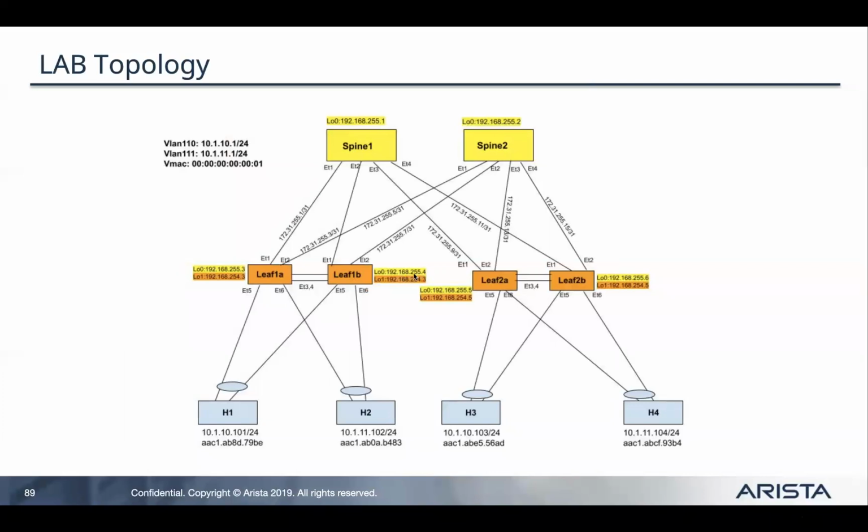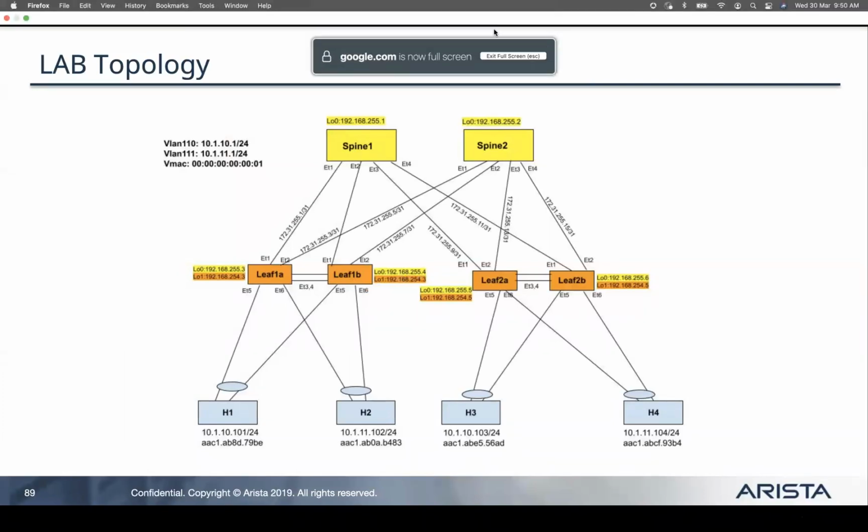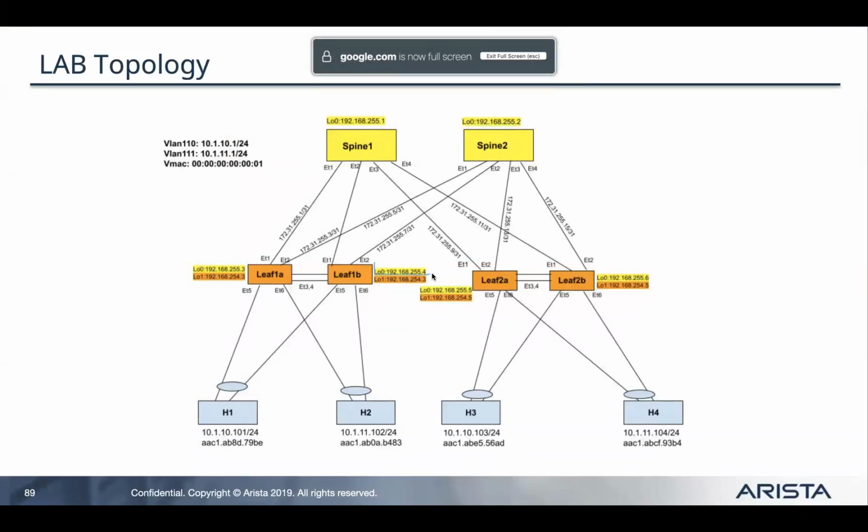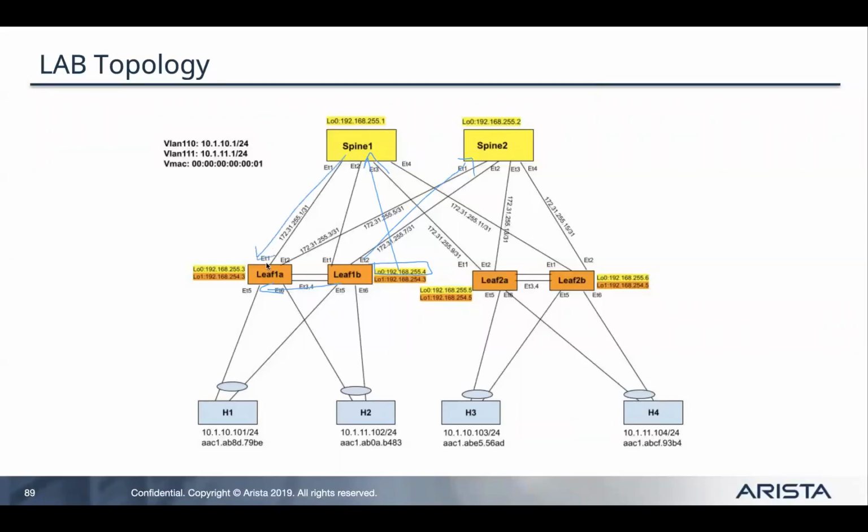So this route, 255.4, will be advertised to the spine, and it will also be advertised to this leaf 1A, correct? Through EBGP the AS would be again, so why are we not even receiving this route, or basically not considering this route here?